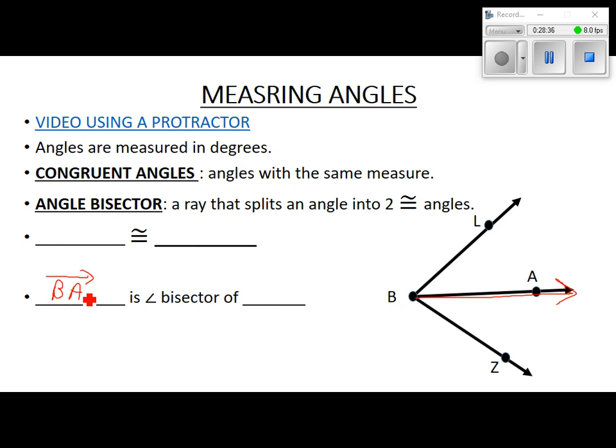Which angle? LBZ. So if I write this, LBZ, is that going to be correct? You need that little symbol. What are you also going to make sure you do when you're writing this? What's going to confuse some people when you're writing that? The angle symbol and the L. For some of you, if I walked around right now, does that angle symbol and that L look the same? So I just did it the other way.